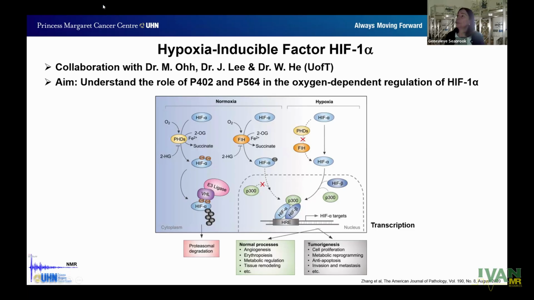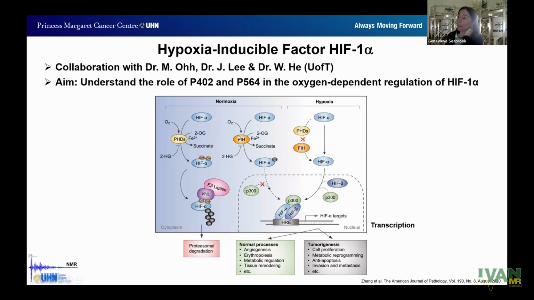So just to introduce HIF1 alpha, HIF1 alpha is a protein that gets hydroxylated in the presence of prolyl hydroxylase. This enzyme hydroxylates HIF1 alpha at two proline sites. When it's hydroxylated, the E3 ligase VHL can form a complex, interact with HIF1 alpha, and then mark it for ubiquitination and degradation.